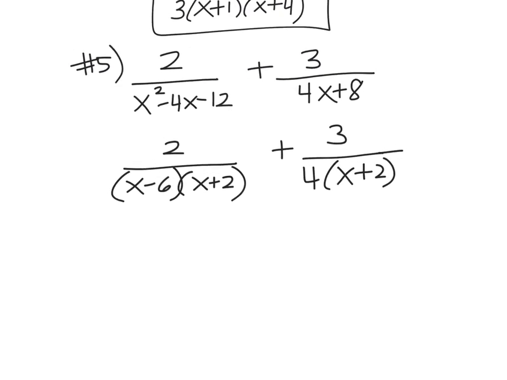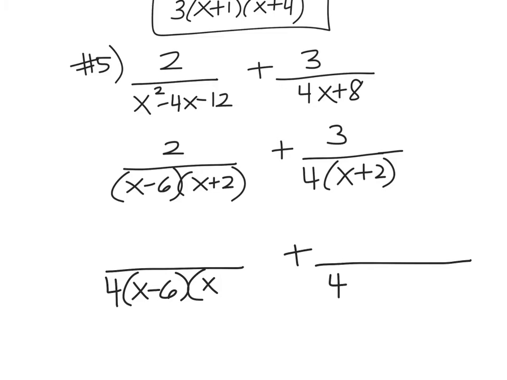Now if you take a look at these, we need to get their denominators to be exactly the same. So let's choose one of each. We need a 4. I like to put just numbers first. We also need an x minus 6 and an x plus 2.